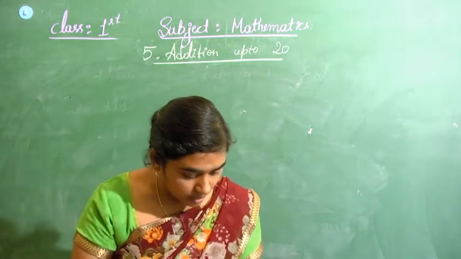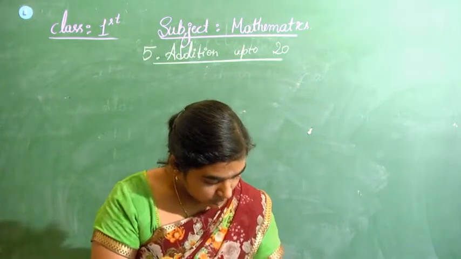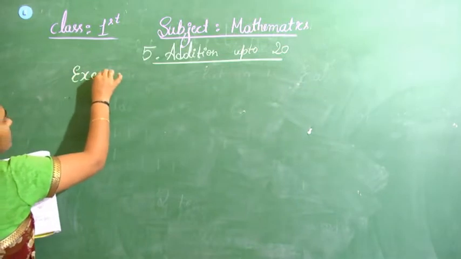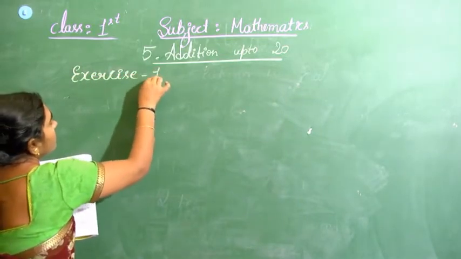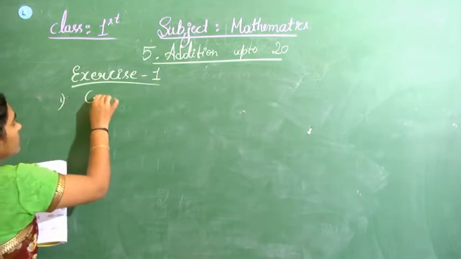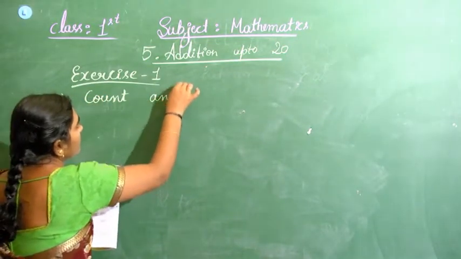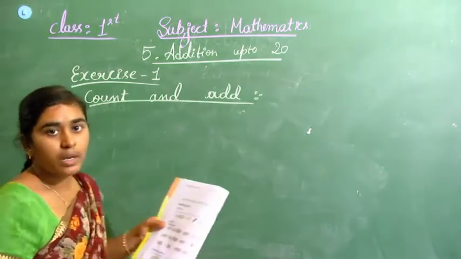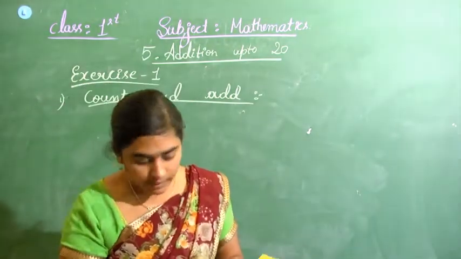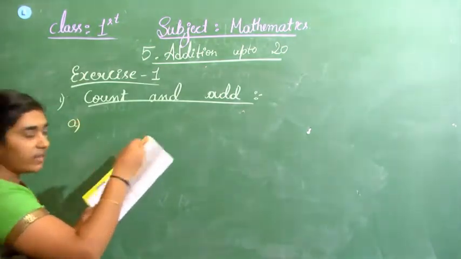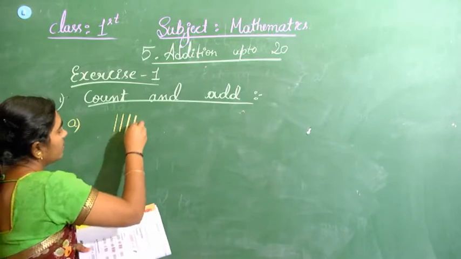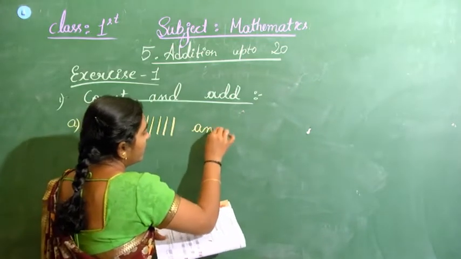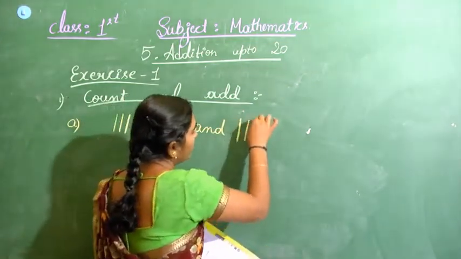See exercise number 1: count and add. The first one is, they have given a picture of 10 sticks, and how many more are there? 5 sticks: 1, 2, 3, 4, 5.